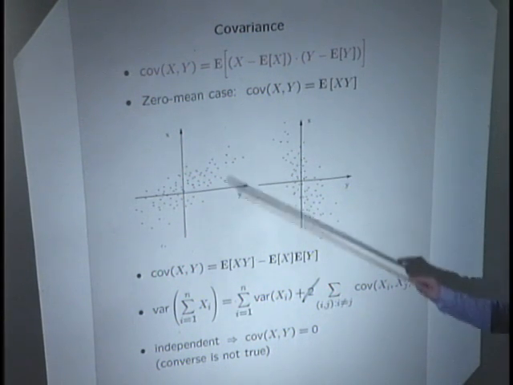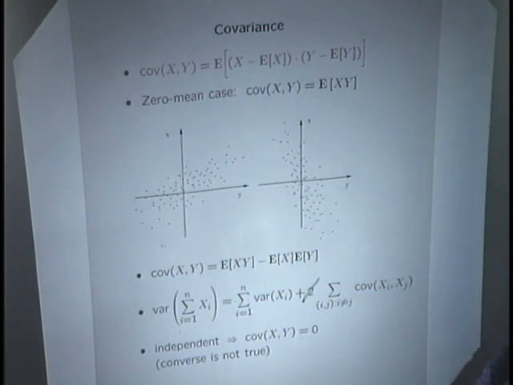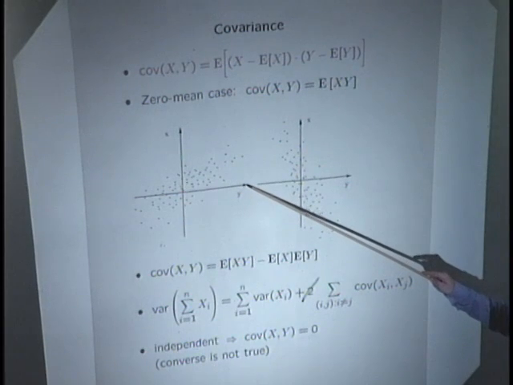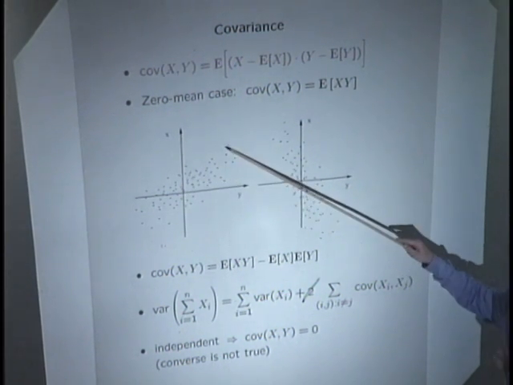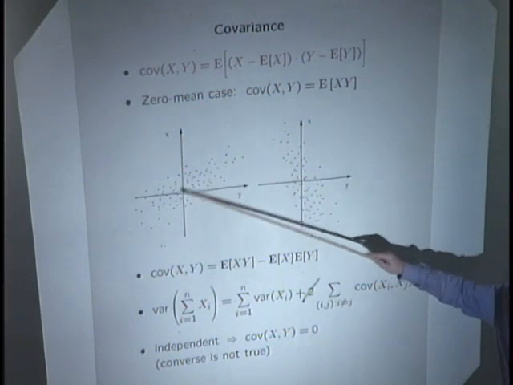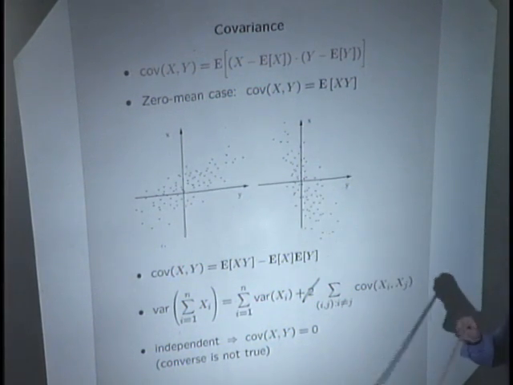When you look at this diagram, what would you say? I would say that when y is big, then x also tends to be larger. So bigger x's are sort of associated with bigger y's in some average statistical sense.